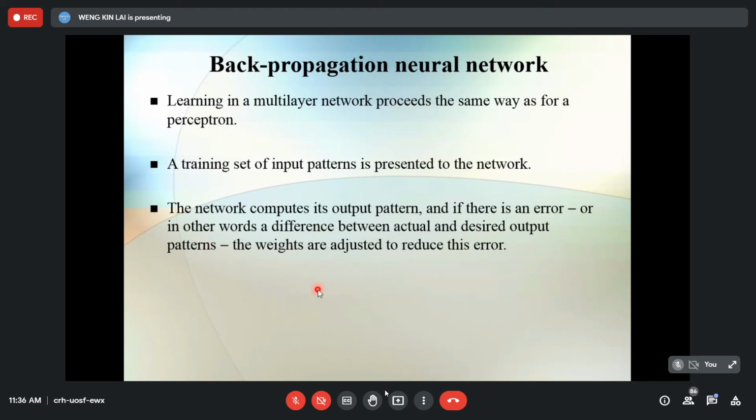The weights have to be changed, either moved up or down, to minimize the error. So there's a minimization of the error involved to force the network to learn. Make sure it learns. So that's adjusting the weights. Again, same concept as in your perceptron.